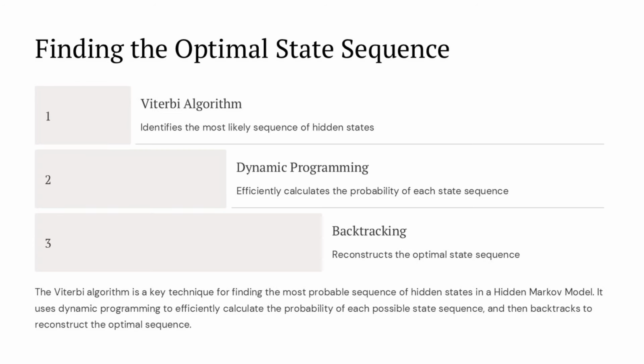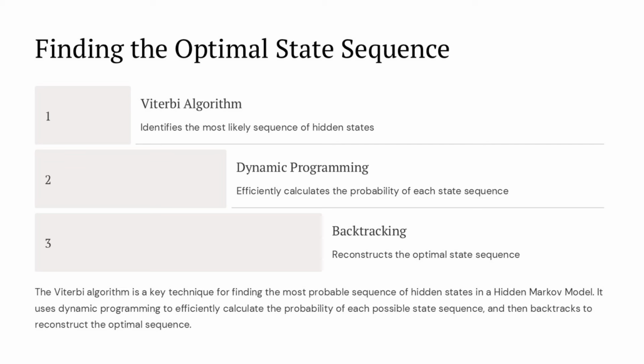The Viterbi algorithm is a powerful technique for finding the most likely sequence of hidden states in a hidden Markov model. It does this by using dynamic programming to efficiently calculate the probability of each possible state sequence. Once it has found the sequence with the highest probability, it then backtracks to reconstruct that optimal state sequence. This allows us to infer the hidden states of a system based on the observed outputs.